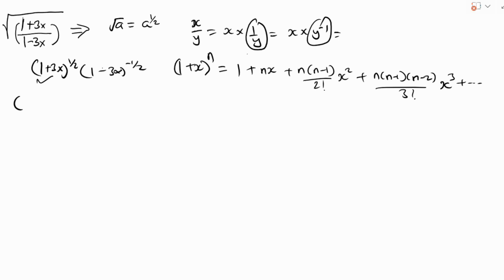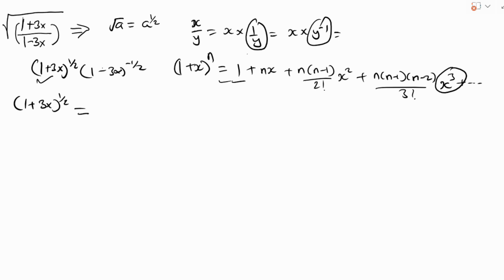And from the question, we are supposed to expand up to the term in x power 3, so we shall stop there after expanding. Now let's employ this formula to expand (1 plus 3x) power half.